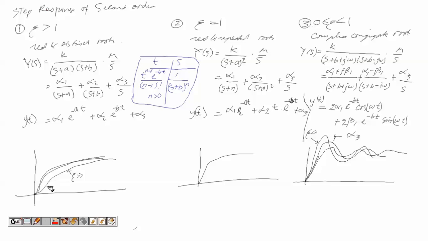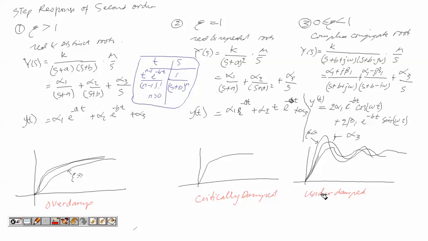Okay, so we can now define and investigate the step response of second order. The first case we call an overdamped response. The second case is a critically damped response. The third case we call an underdamped response.